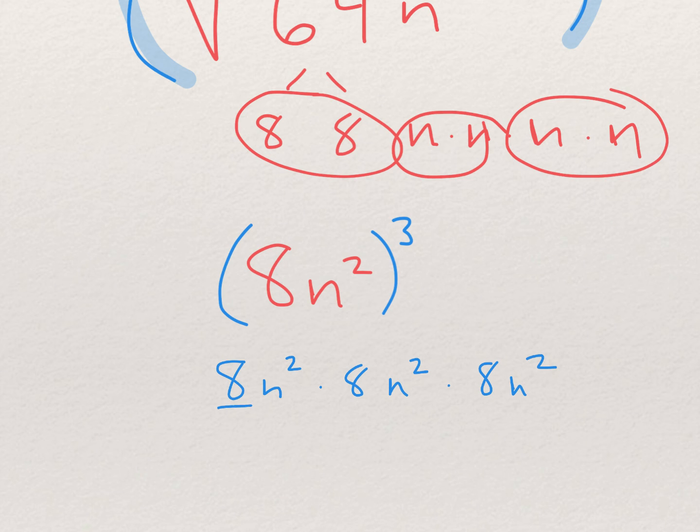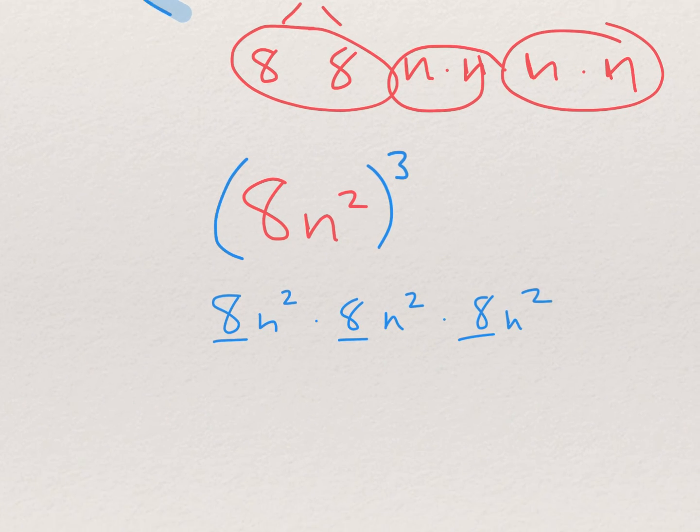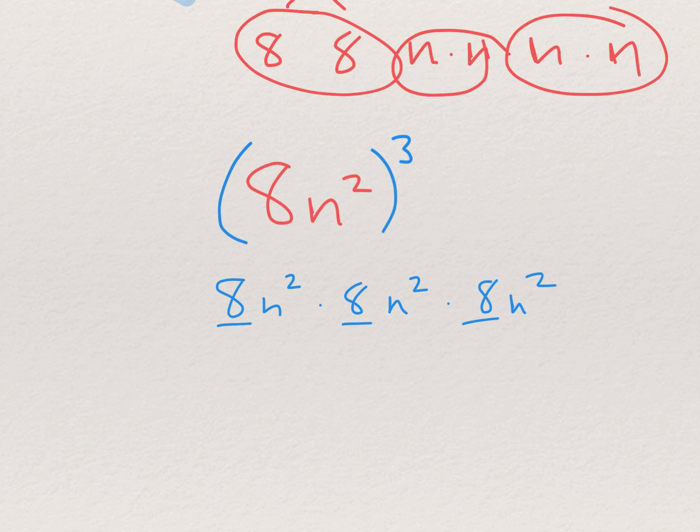So I have 8 times 8 times 8. What's 8 times 8 times 8? It's a big number. Because 8 times 8 is 64, and then 64 times 8 is 512.